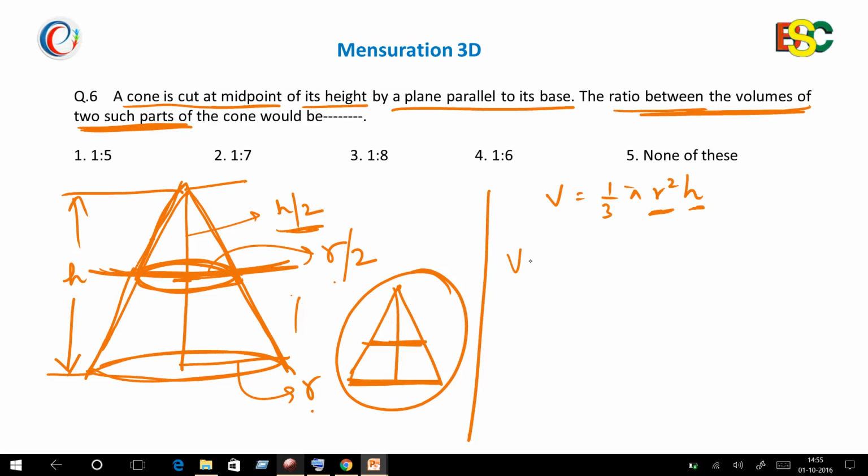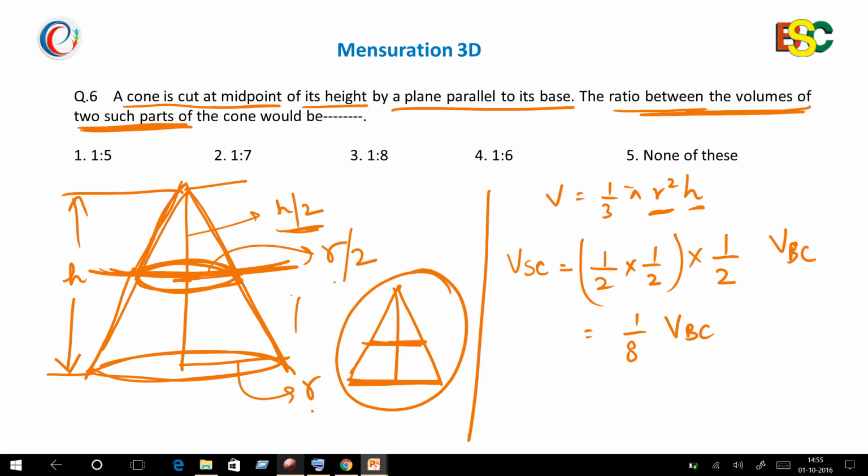So the volume of the smaller cone becomes half into half. These two halves are for r square, into half. One more half is for height. So it is 1 by 8 of the volume of the bigger cone.